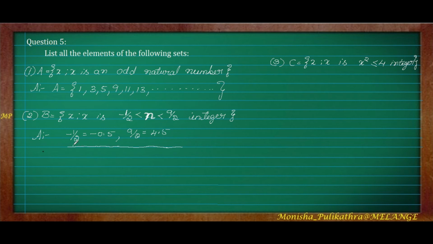If I take this point as minus 0.5, I can take even a little back, that is minus 1. Next minus 0.5, next will be 0, next is 0.5, next is 1, next is 1.5, next is 2, next it will be 2.5 and 3, 3.5, next is 4 and the last number is 4.5.